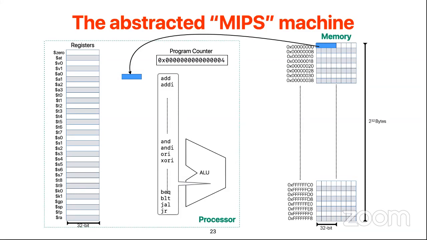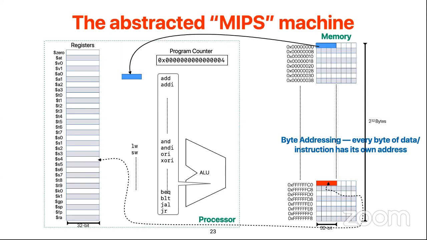The processor will put it somewhere internally, and then according to the content of the instruction, if right now you have a load instruction or a store instruction, it will examine the target address of that instruction and get that data into the register accordingly. So that's the basic idea of the MIPS instruction set architecture and the abstracted MIPS machine.